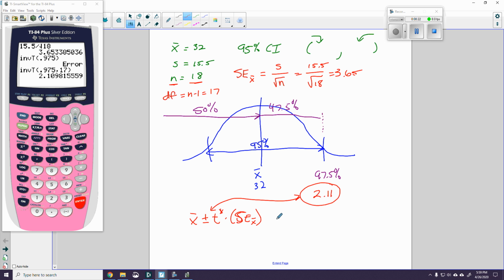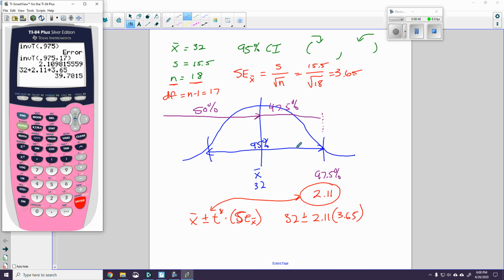So that is equal to 32 plus or minus 2.11 times 3.65. So I've just entered that over here on the calculator, 32 plus 2.11 times 3.65. The order of operations will make sure the multiplication happens before the addition.